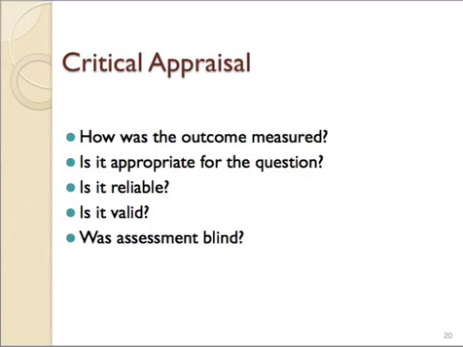But did the assessors know to which group people were assigned? And that's a very important thing to know, because just like we discussed, was the assignment blind or randomized? Was it randomized? Did people doing the outcome assessment know to which group people had been assigned?